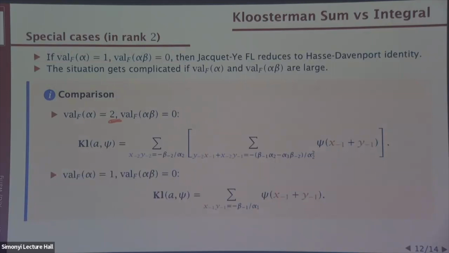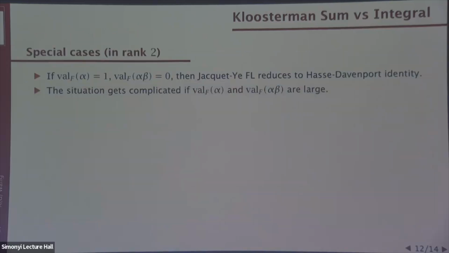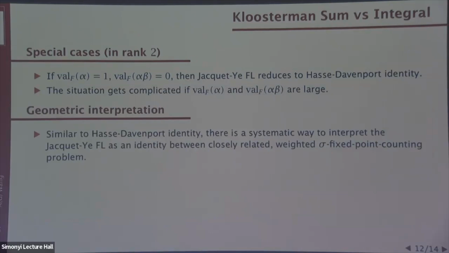If the valuation is just one more, then the summation gets much more complicated. So it's very hard to prove it by hand, but I heard people actually tried and succeeded, I think through some harmonic analysis.